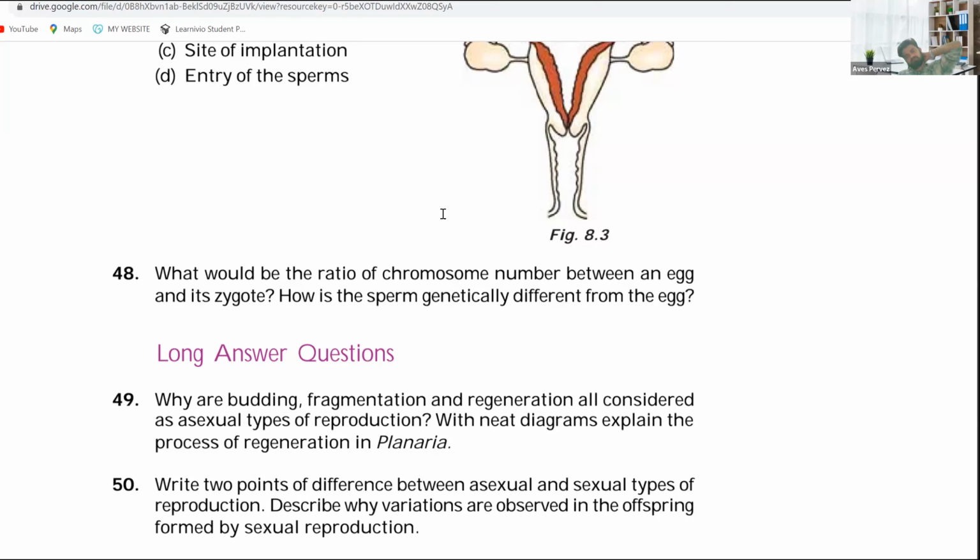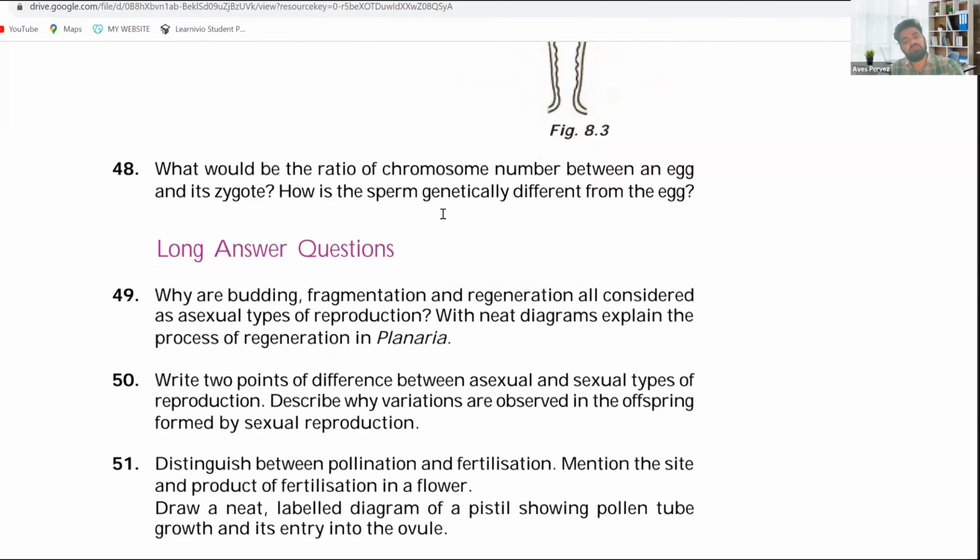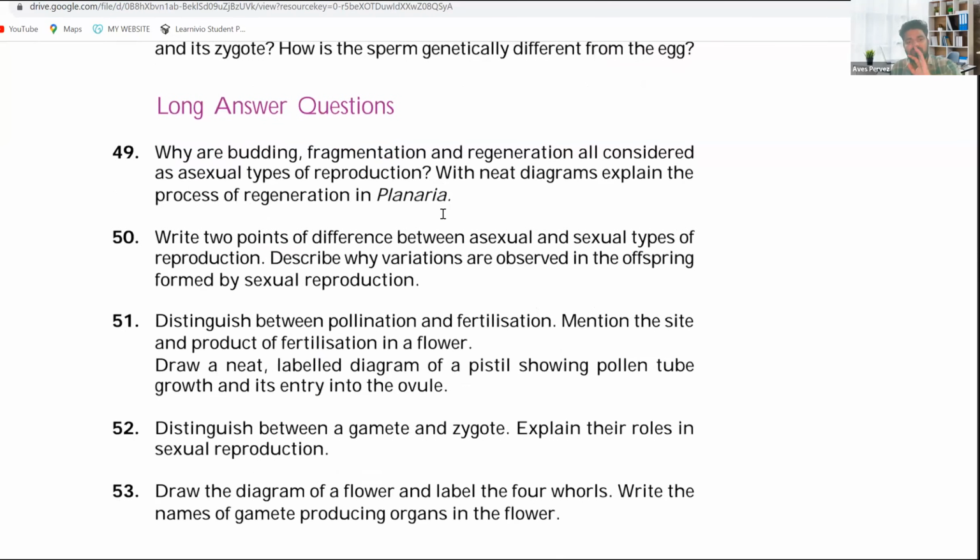It will be 1:2. The zygote is diploid and eggs are haploid in nature, so they have half the number of chromosomes. If the egg has 23, then the zygote has 46. So the ratio is 1:2. Got it?